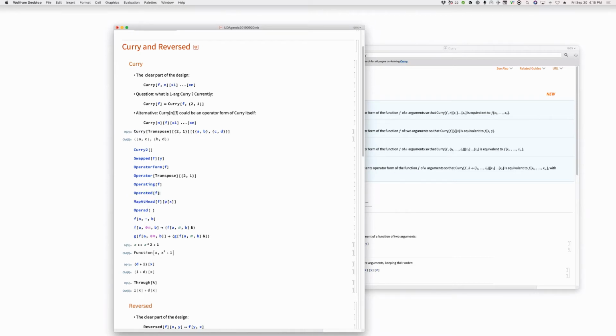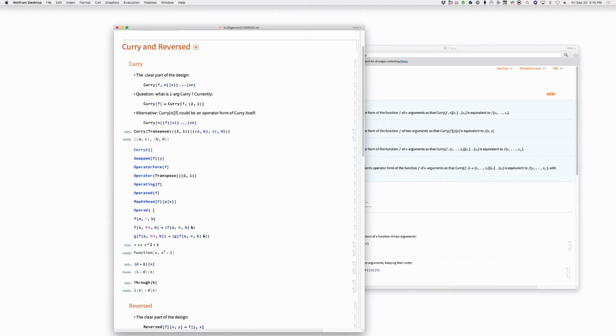No. I mean, unlike reversed, which does work. I mean, the fact that the documentation says operator form is a little hard to escape. Well, so it's either operator or operator form.